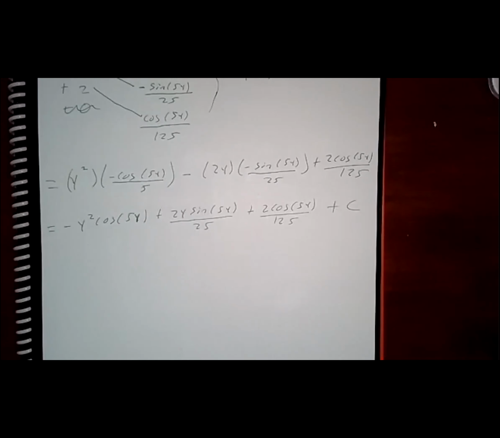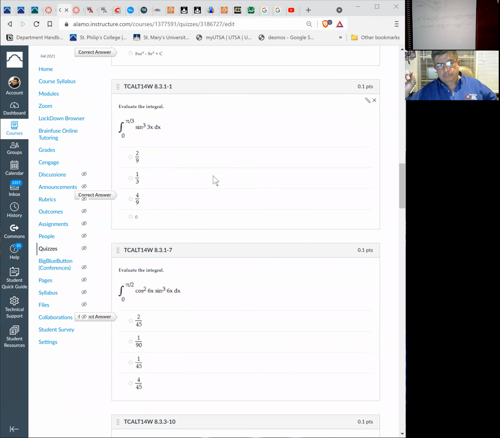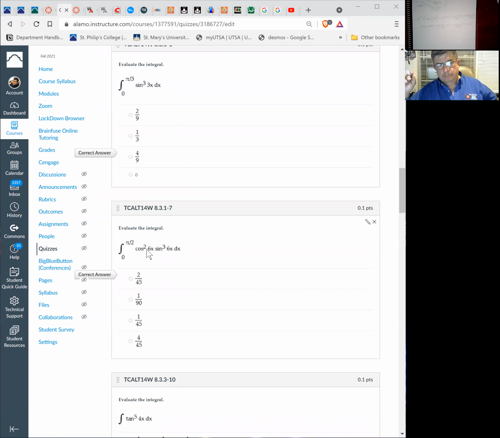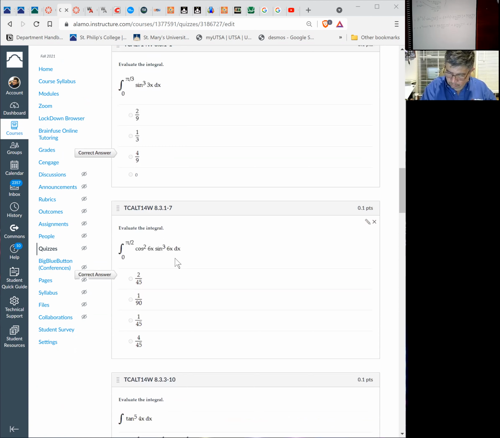Over here, remember, I think it was 8.4 or 8.3, when we had the trig function that had the powers? Remember how we had to break a piece off and do a substitution? You guys remember that?